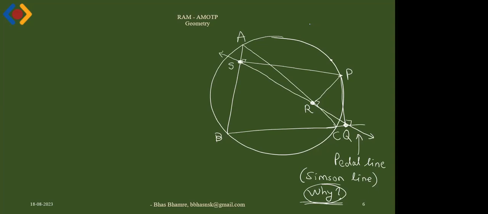You can show that the point which is the intersection of BC and SR is at 90 degrees with P, instead of proving it collinear. Yes, so you mean that SR is meeting BC somewhere, and at that point PQ is perpendicular to BC. Okay, it can be done like that.